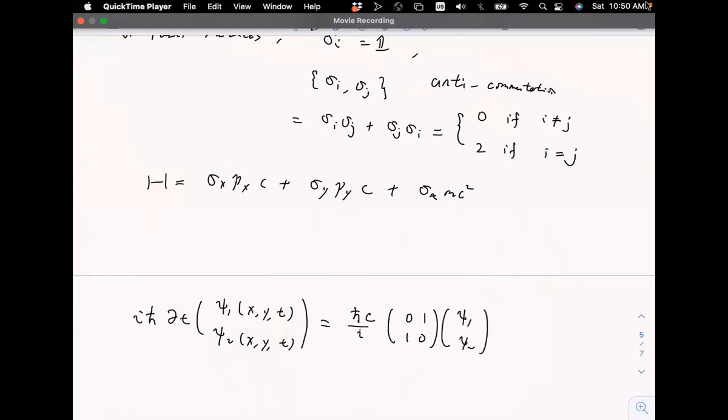And then this one will be, you can actually group this together.